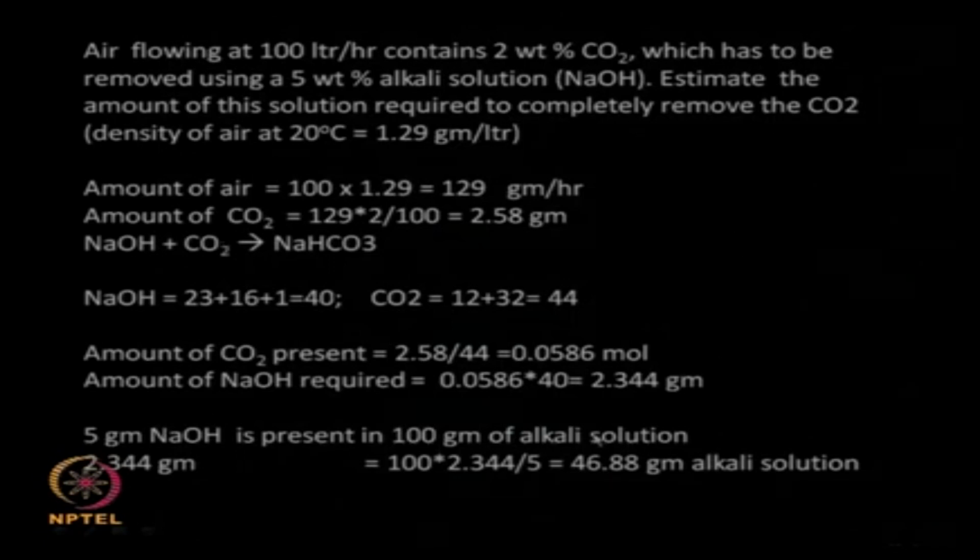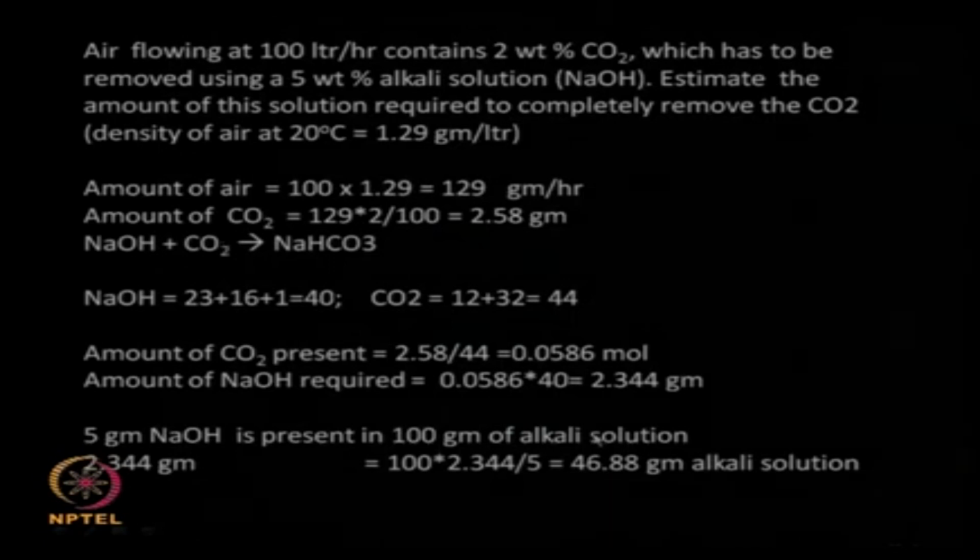So this is a typical process that takes place in an absorber or absorption tower. You have an absorption tower where the air may be entering from the bottom and rising; the air will contain carbon dioxide, and your alkali solution will be flowing from the top, flowing down slowly. As it flows down, it will absorb all the carbon dioxide.